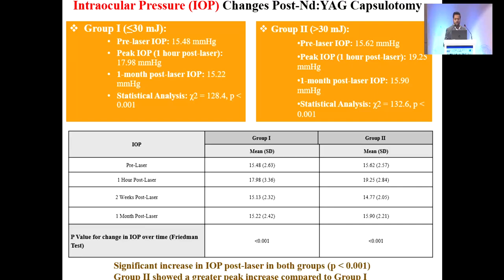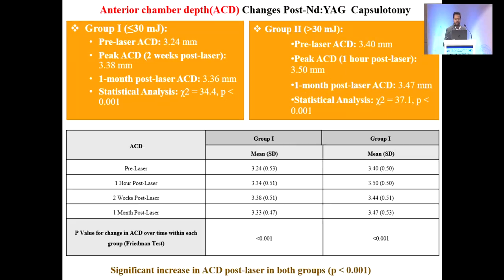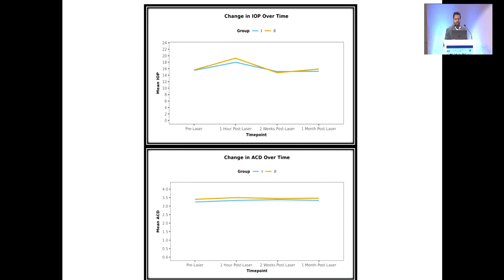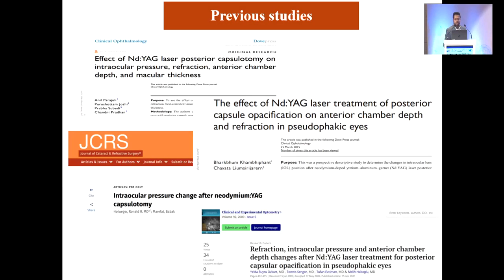Similarly in group 2, but group 2 showed a greater peak increase as compared to group 1. And in terms of anterior chamber depth, there is a slight and significant increase, which also comes to around baseline at 1 month post laser, as shown here. Previous studies also looked at the changes in intraocular pressure and anterior chamber depth by Nd:YAG laser capsulotomy.